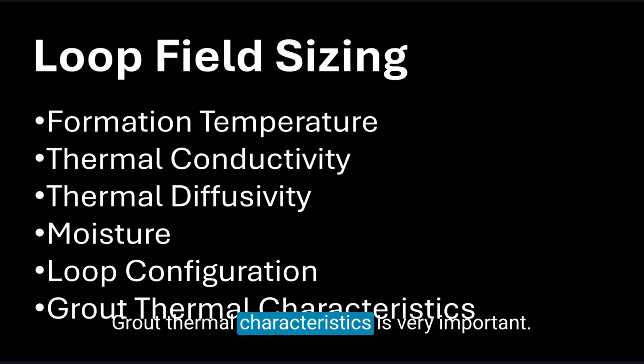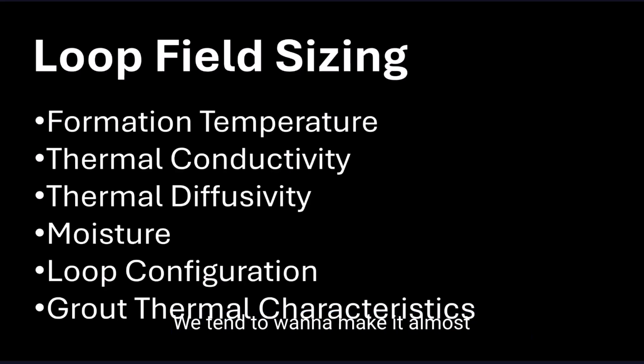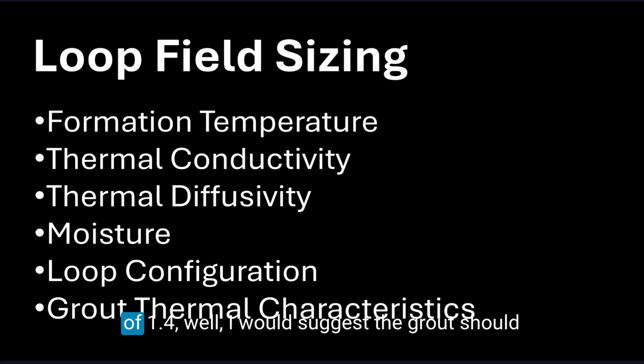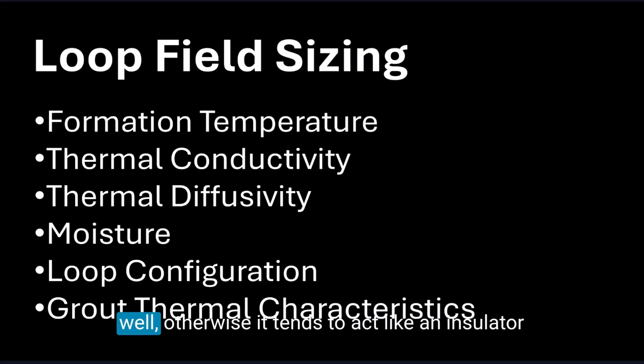Grout thermal characteristics are very important. We tend to want to make it almost equal to the ground conductivity. So if you've got a formation that has a conductivity of 1.4, I would suggest the grout should be at least 1.2 and up to 1.4 conductivity as well. Otherwise, it tends to act like an insulator.